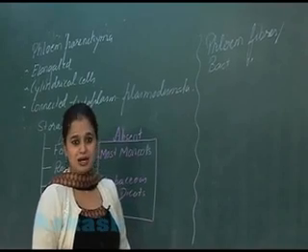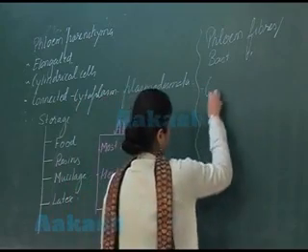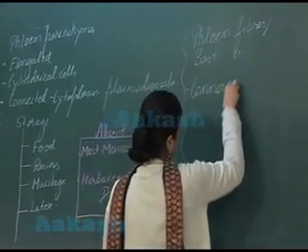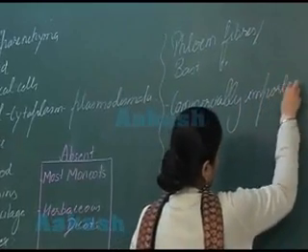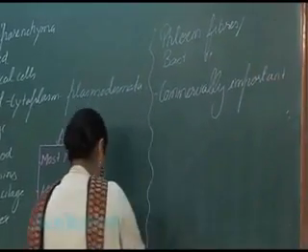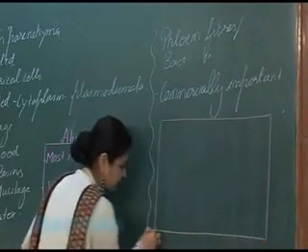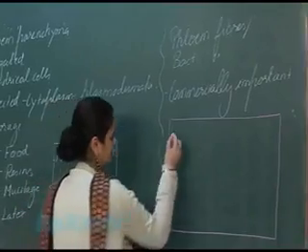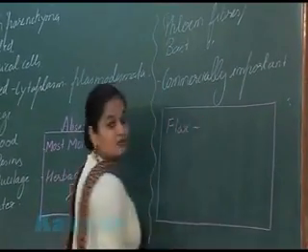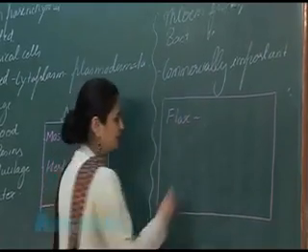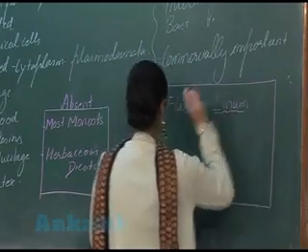Now in some of the plants, the phloem fibers are commercially important. So I will be writing the name of a few plants where they are of commercial value. One is flax. The scientific name for the flax is Linum. It is a Linum species.